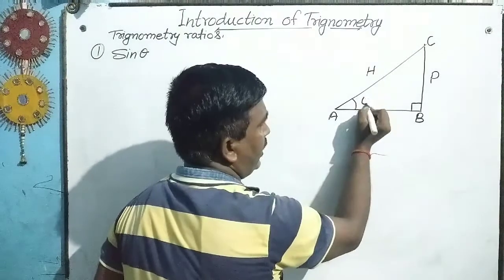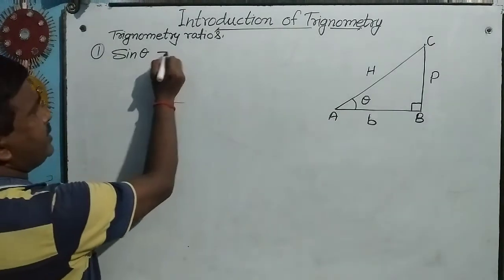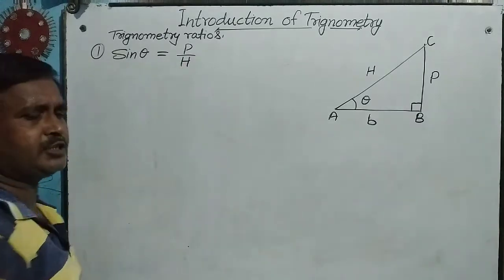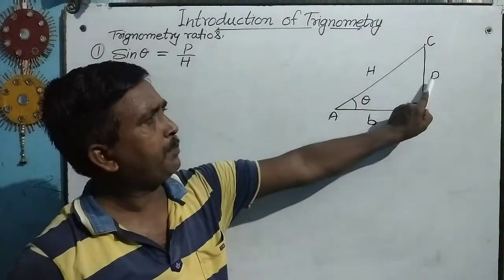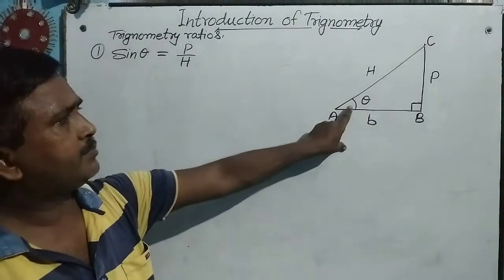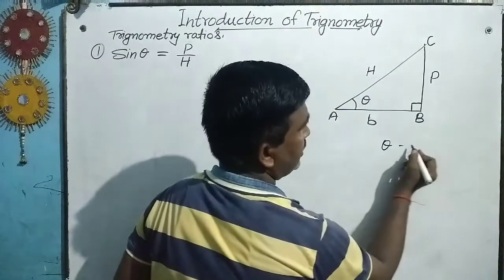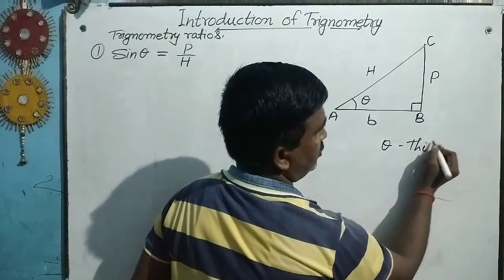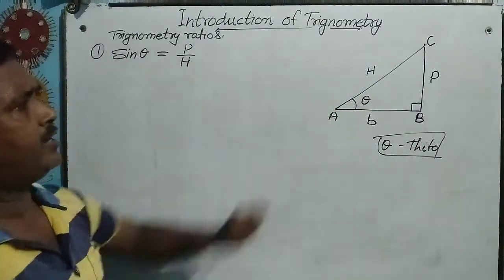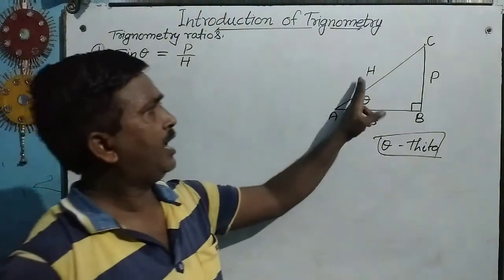For this angle theta, sin theta is equal to P upon H, perpendicular upon hypotenuse.